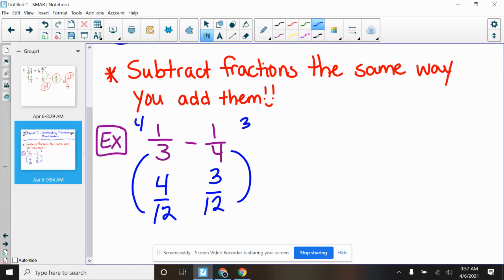Here's where things go a little bit different. If this was an adding problem, then I would add 4 and 3, right? But it's not, it's a subtracting problem. So what do you think I'm going to do? Just subtract. What's 4 minus 3? 1. And what's the bottom number going to be? 12. That's your answer.